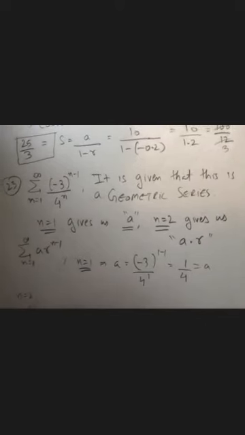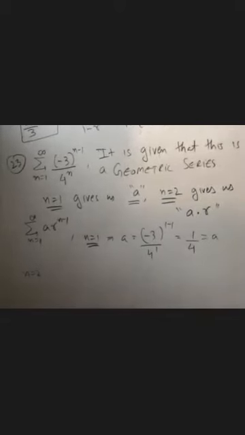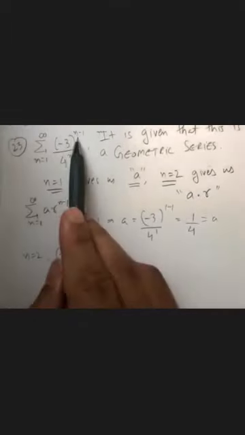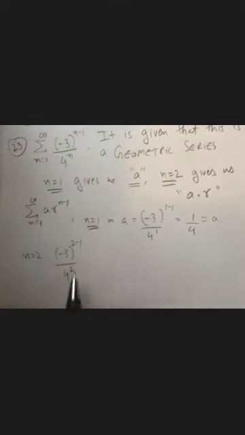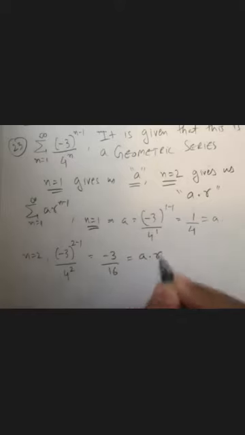Then n equal to 2: right? When n is 2, it is 4 squared minus 1, that is ar. So r equals ar over a.